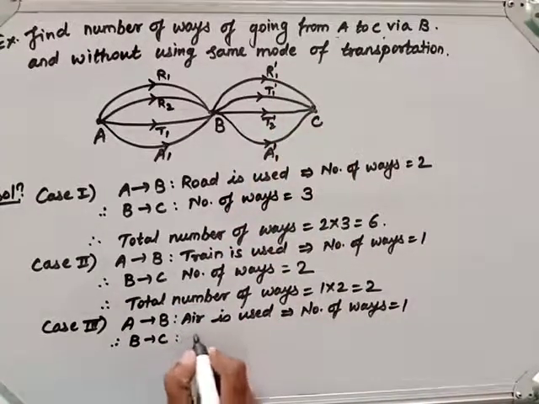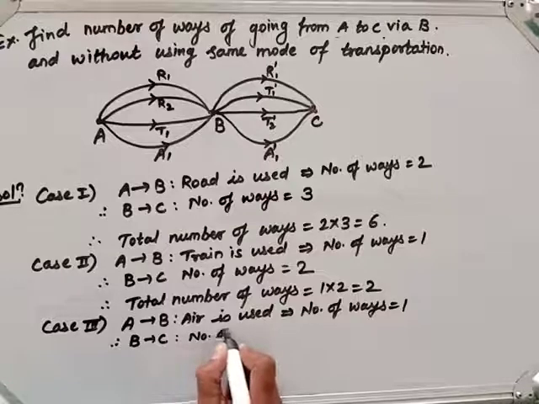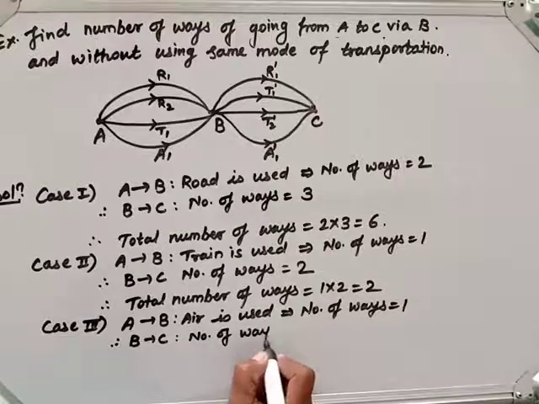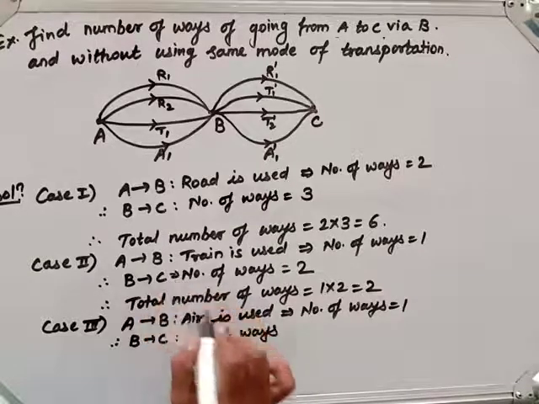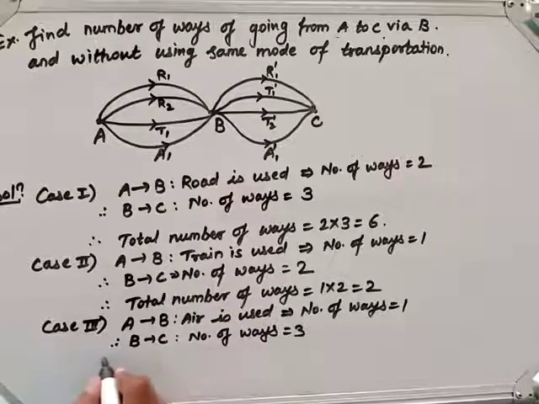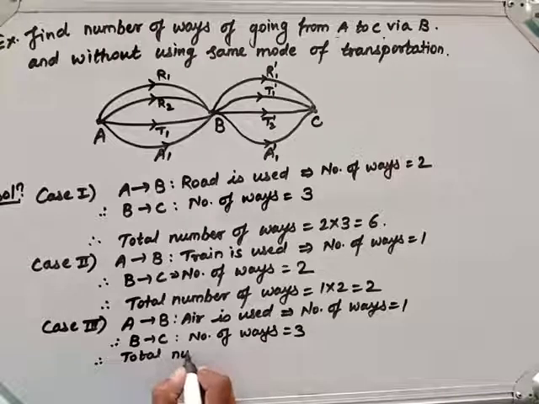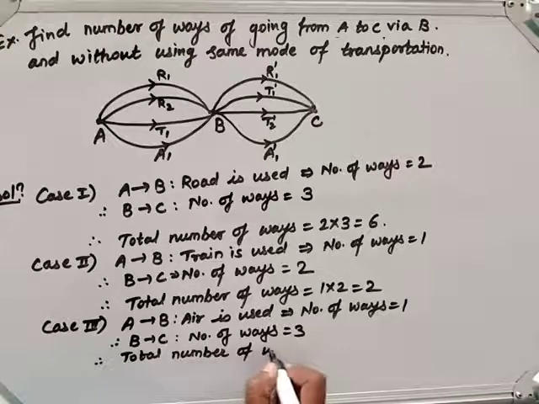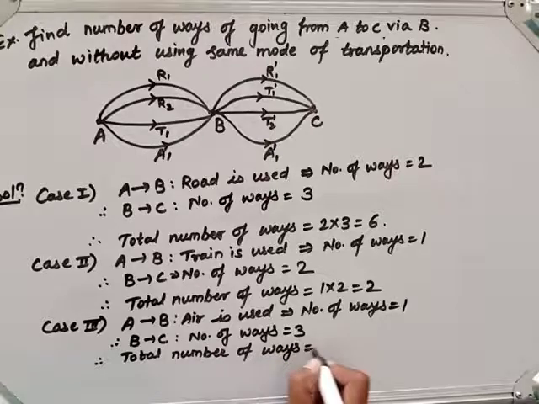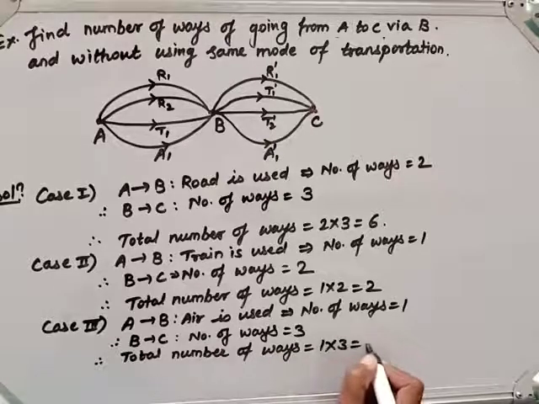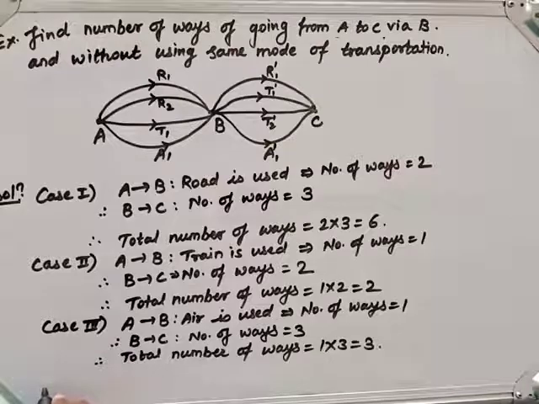So from B to C, the number of ways is 3. Therefore, in this case, the number of ways is 1 multiplied by 3, that is 3.